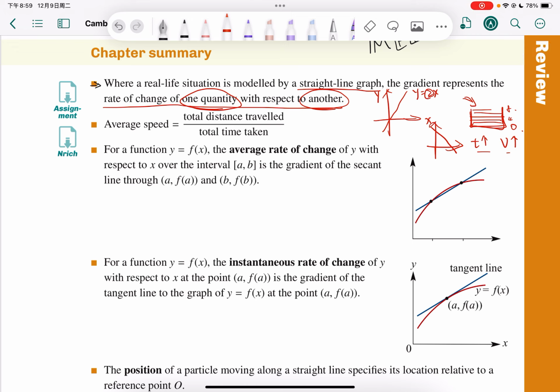Okay, let's move on. The average speed is equal to the total distance traveled divided by the total time taken. So if you run, let's say, 100 meters, and you take 20 seconds, the average speed is 100 divided by 20, so 5 meters per second, which is pretty fast.